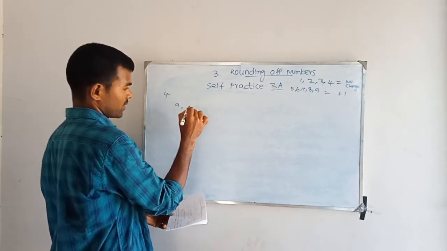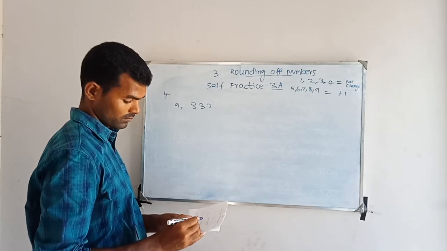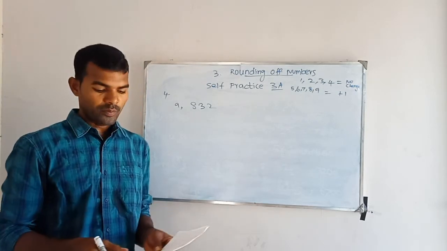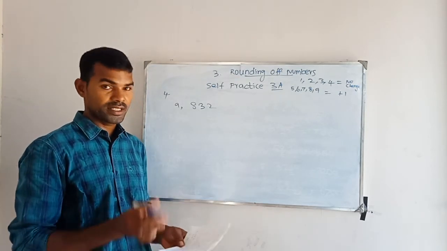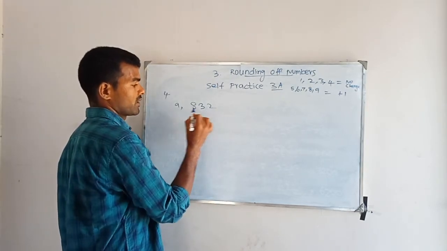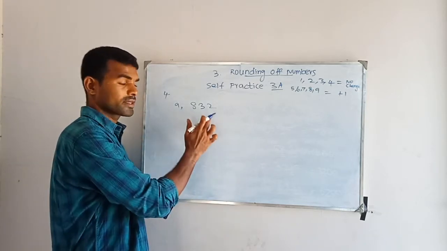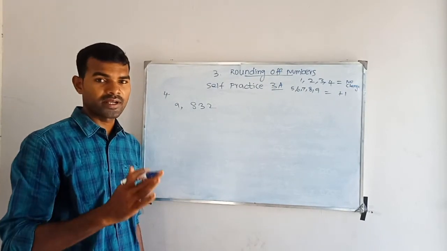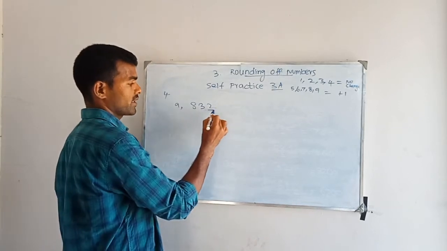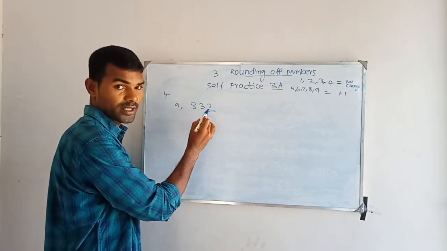Question A, 832. Give the approximation of the following number to the nearest 10. What is the nearest 10 to this? 832. So nearest 10 will come 830 or 840. So what is the nearest 10? Look at the rules. According to the rules, in the ones place 2 coming.